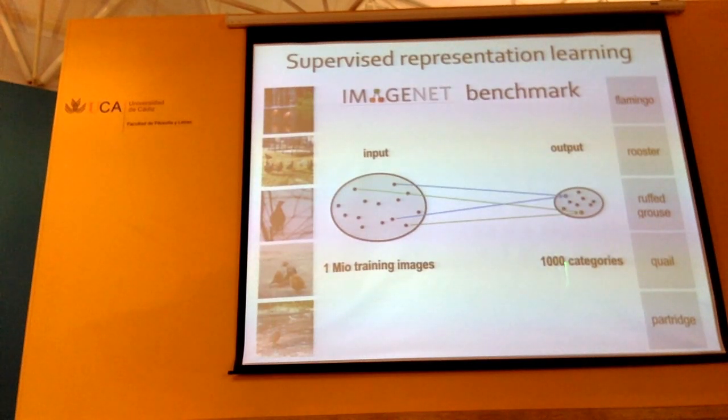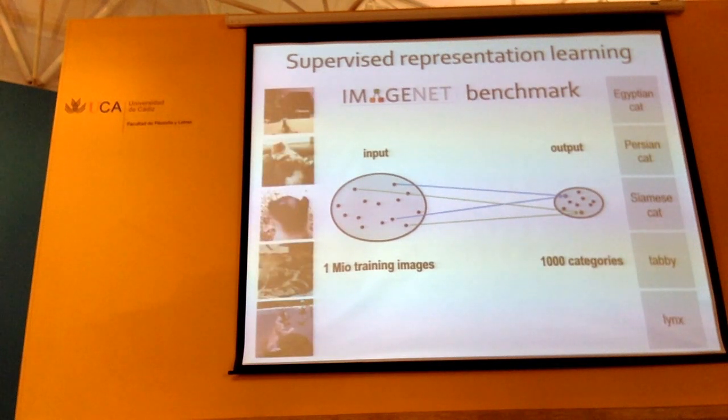And instead of 10 categories, you have 1,000 categories. And for each category, you have 1 million training images instead of 5,000, I think, in MNIST. So it's a scaled up MNIST learning task. Basically, the hardware has scaled up, the internet has scaled up.